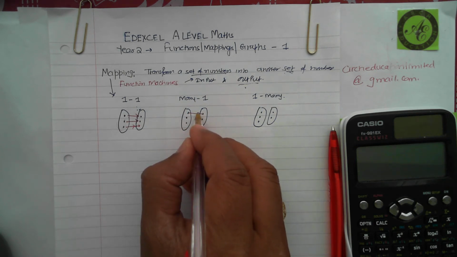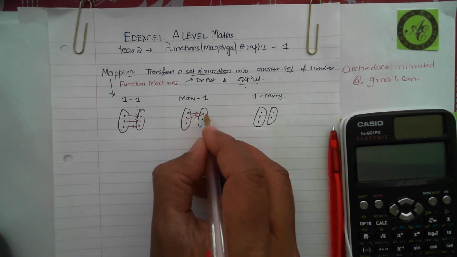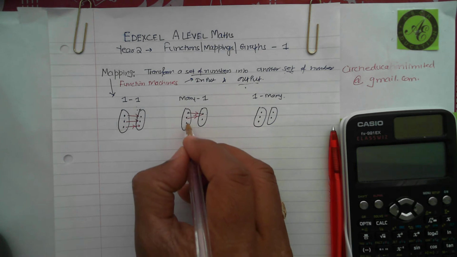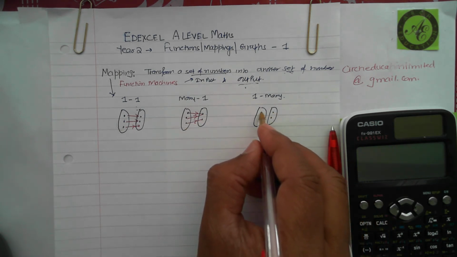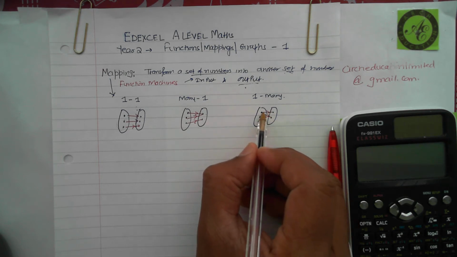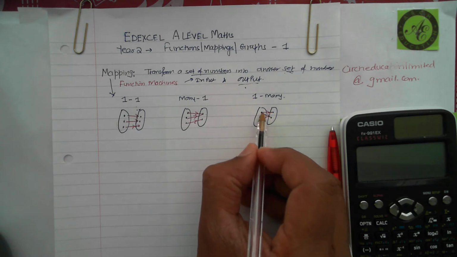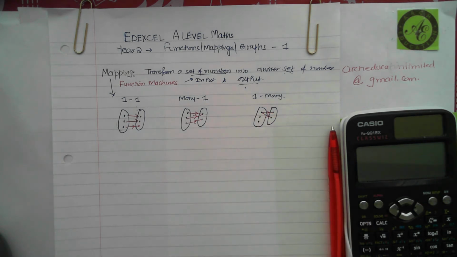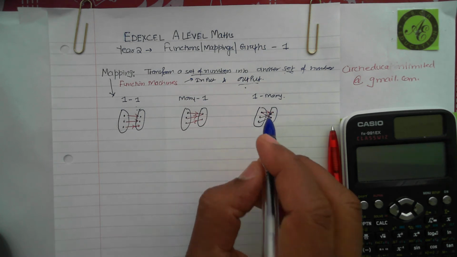Many-to-one is when two or more inputs can give you the same output. And one-to-many is when one input can give you two outputs. Obviously you can join this with this as well, that doesn't matter.